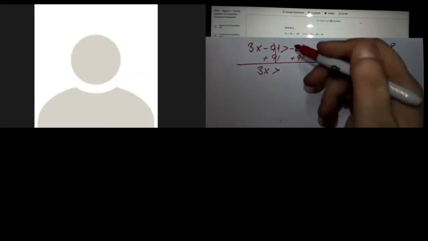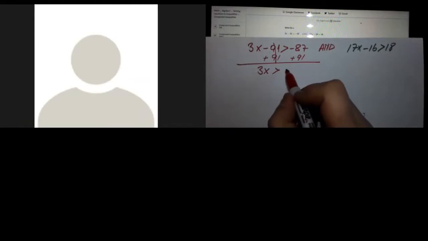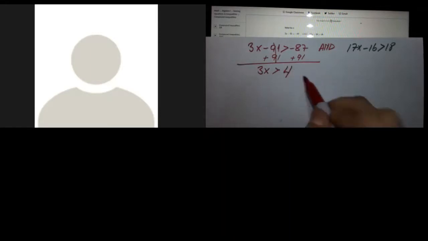Flip it around. 91 minus 87. 4. Oh, I put a wrong number in at first. Yeah, 4. It's okay. And then I'm dividing by the coefficient, and x is greater than 4 over 3.